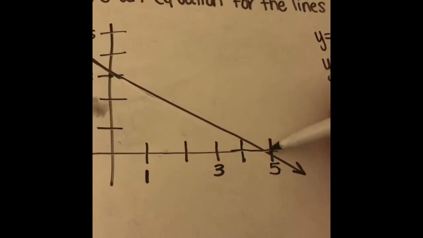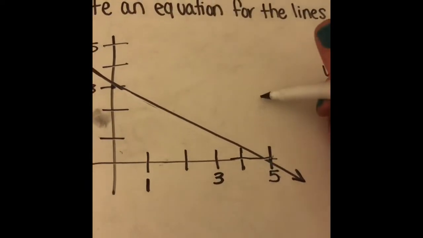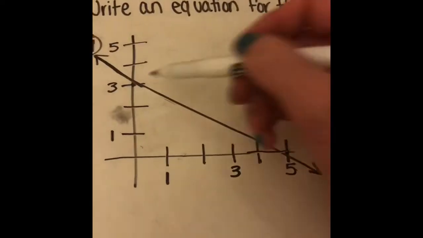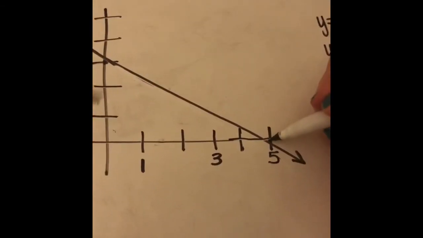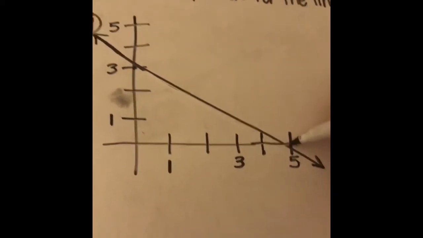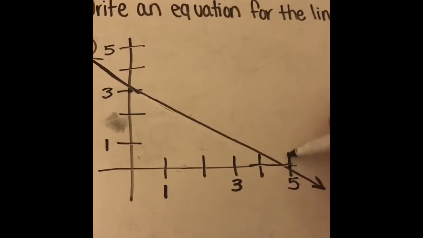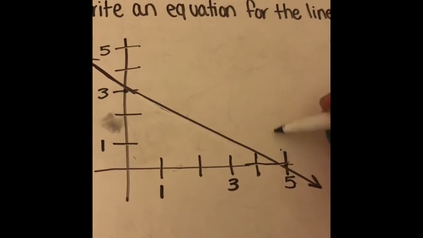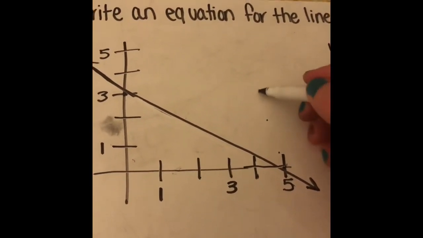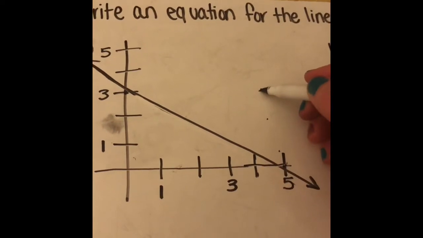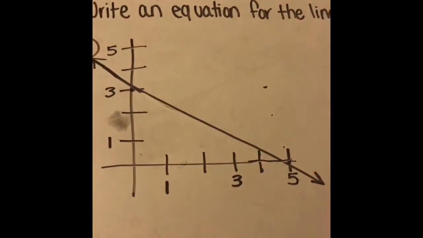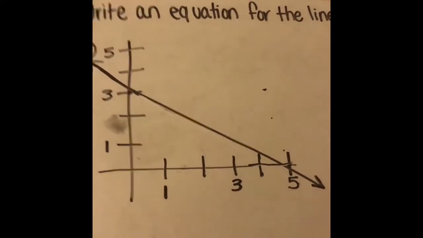So if you start here, remember it's rise over run. Okay, so we're going to rise up 1, 2, 3.